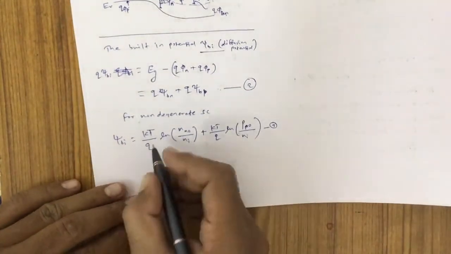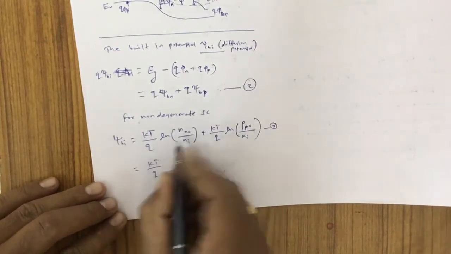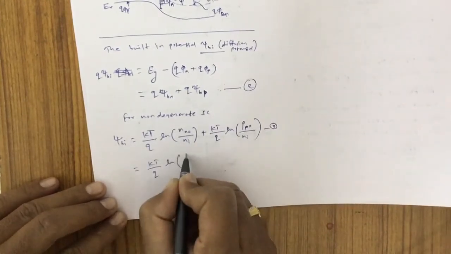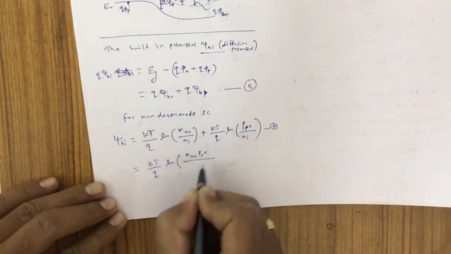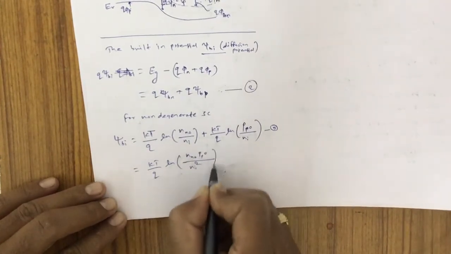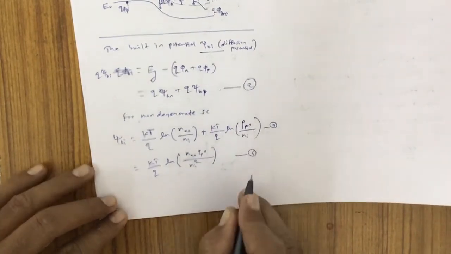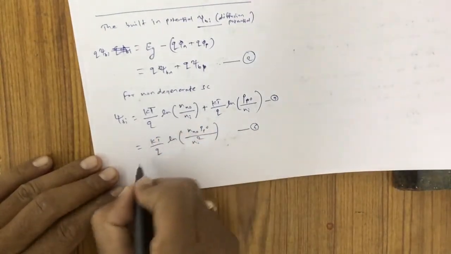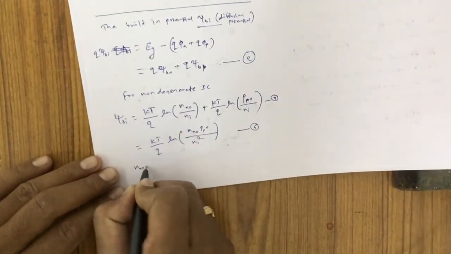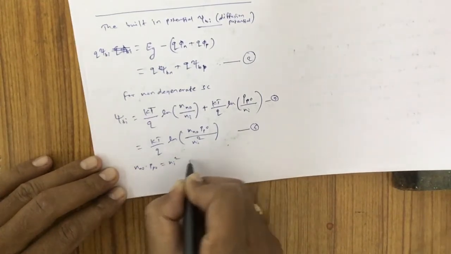Yes, so just try to rearrange the terms in it. So kT by q common, so ln of nn0 pp0 upon ni square. So this is equation number 4. But as we know, nn0 into pp0 is equal to ni square.